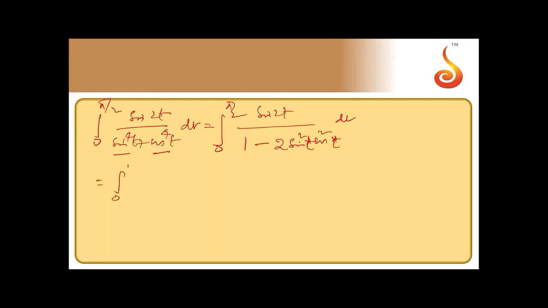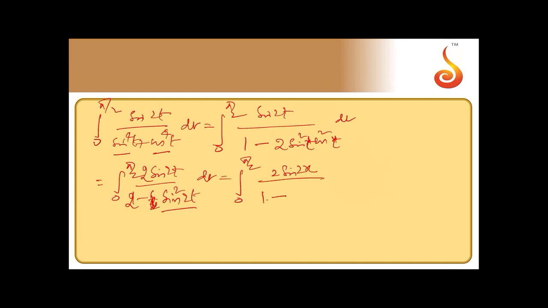That equals integral 0 to pi by 2 of sine 2t divided by 1 minus 1 by 2 sine square 2t dt. And sine square can be written as 1 minus cos square, so integral 0 to pi by 2 of 2 times sine 2t divided by 1 plus cos square 2t dt.